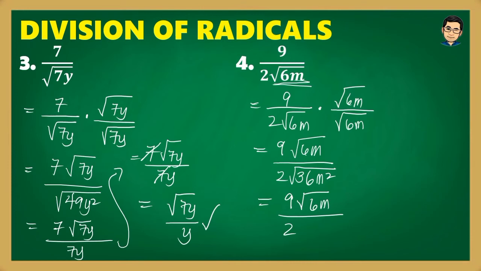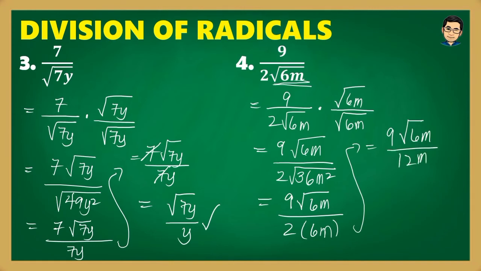So, for 36, that is 6. And then, for m squared, that is m. So, 9 square root of 6m over the product of 2 and 6m, that is 12m.